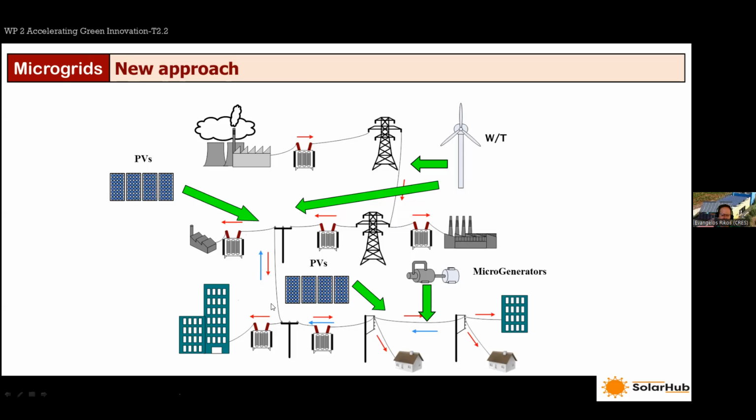I mean, the power flows can be reversed at a medium and low voltage distribution level, which poses some challenges in the operation of the system for the distribution system operator. So, towards finding a better solution to accommodate all these distributed generators, microgrid is one proposal, let's say.